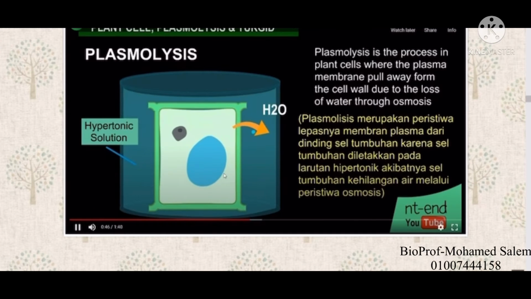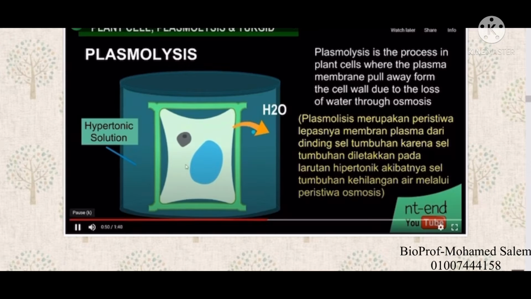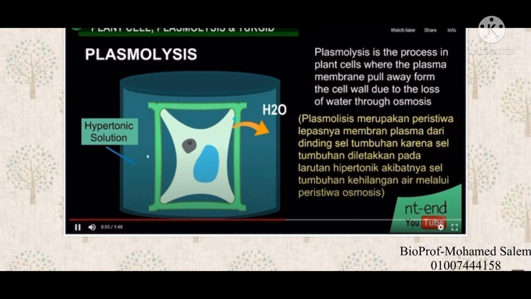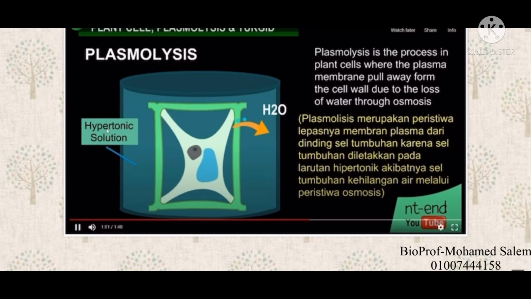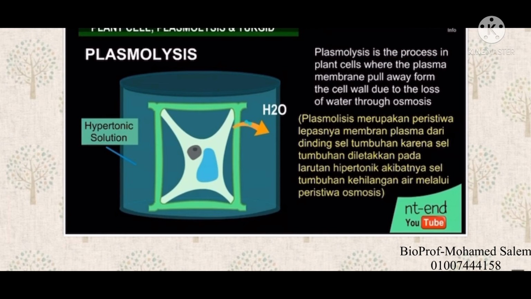But if we put the plant cell in hypertonic solution, the plant will lose its water, because hypertonic means high concentration of salt and low concentration of water in the solution. So the water moves from inside the plant to outside by osmosis.